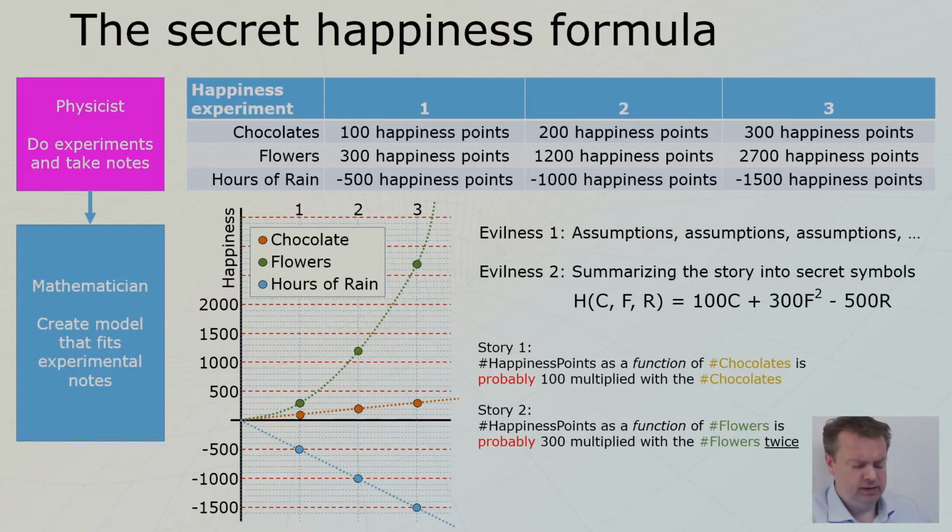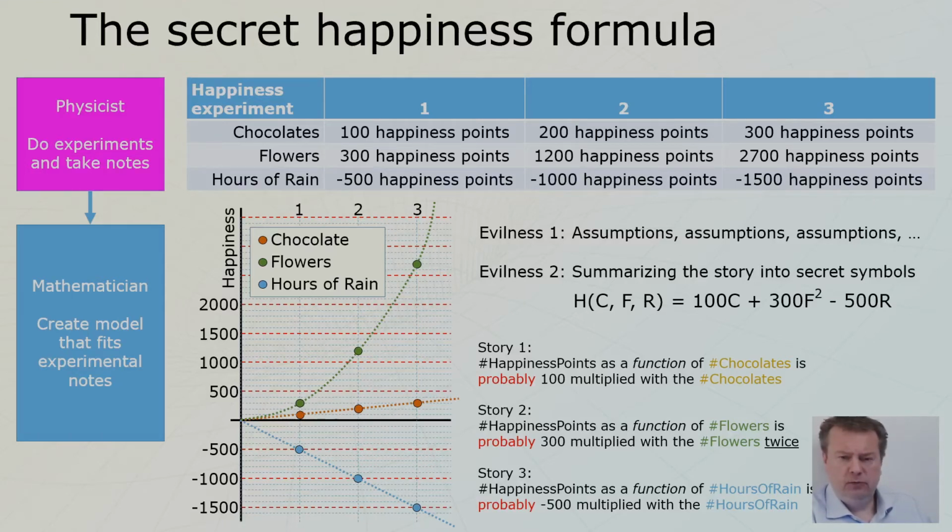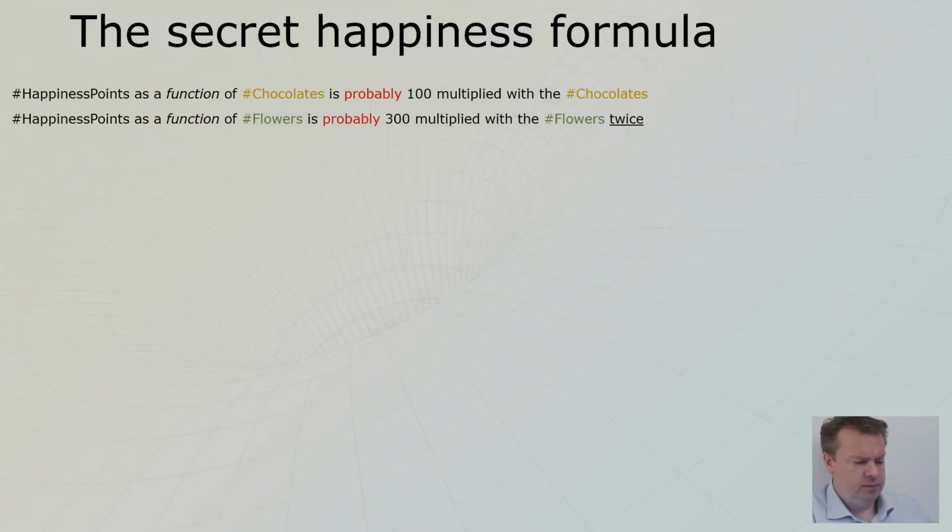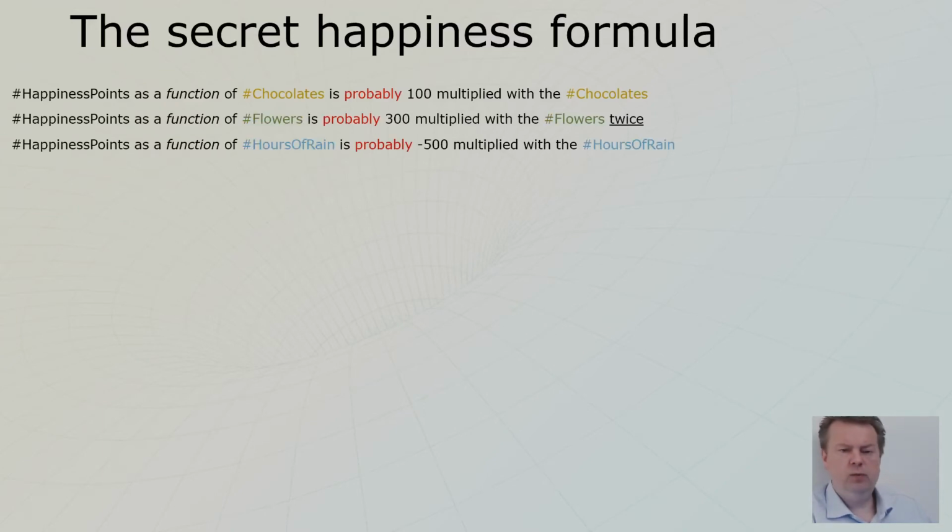Yeah, that seems to fit, and it does for the other experiments as well. He also could have told her the story about rain and said, well, if you multiply the number of hours of rain with minus 500, I get your points. So, let's repeat these stories. So far we went from an experiment to a table, to plotted points in a graph, to curves, to 3 stories. And I think it should be easy.